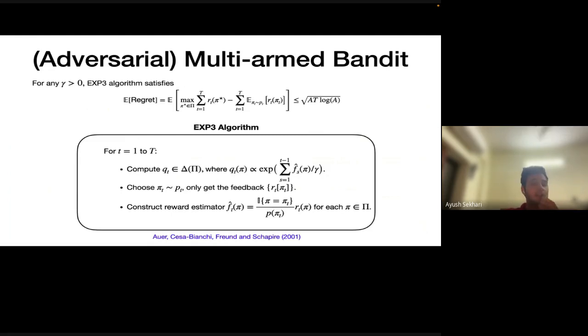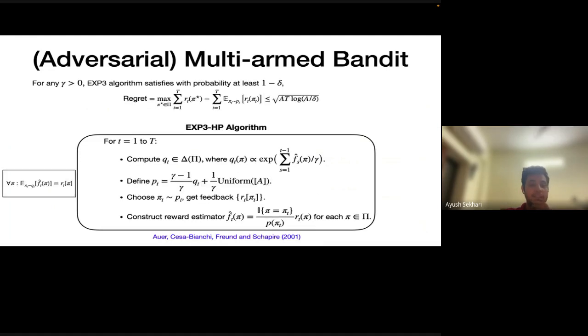While this particular algorithm gives you regret in expectation, you can slightly modify the action distribution that is chosen by the full information algorithm, or the exponential weights algorithm, and get a result that holds with high probability. But the key insight to take away is that we essentially solved a partial information problem by reducing it to a full information problem, by using appropriate reward estimators and modifications of the distributions QT that are proposed by the full information algorithm. And this is precisely the idea that we will extend to the adversarial decision-making setting.